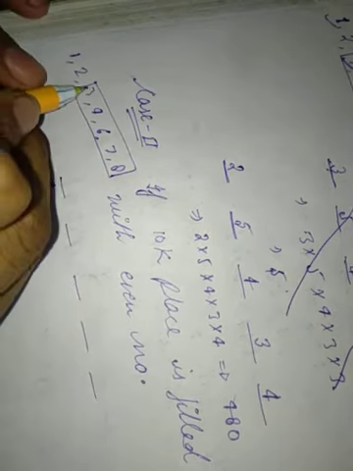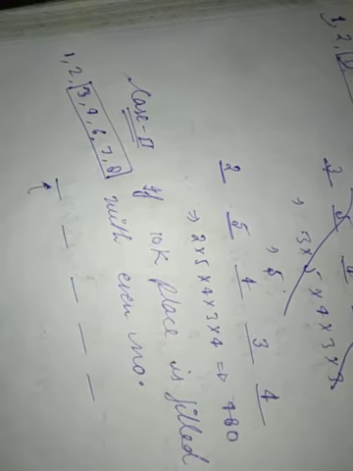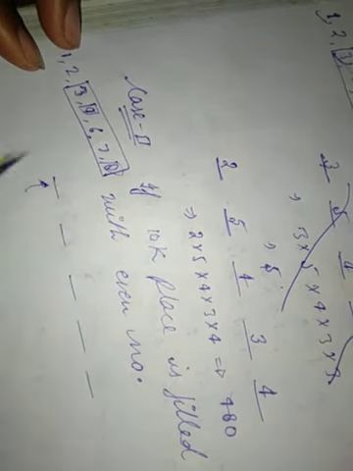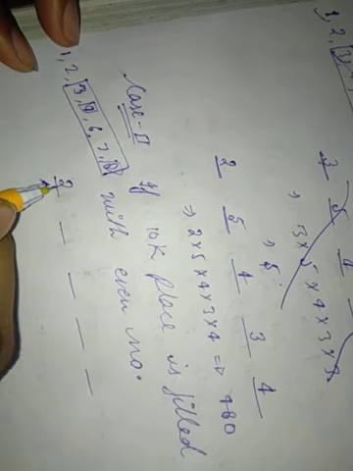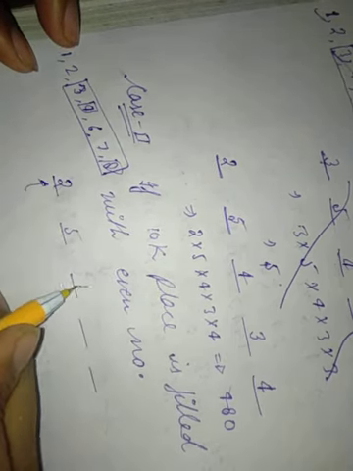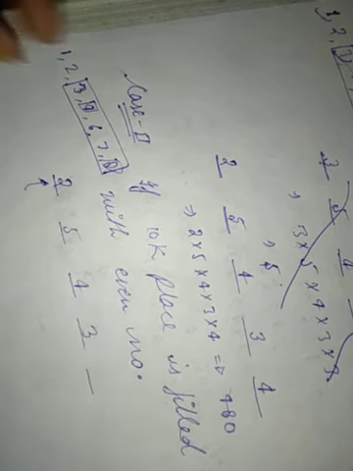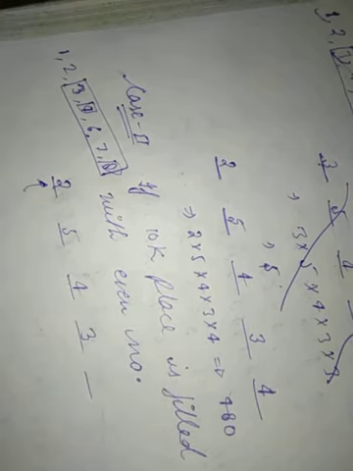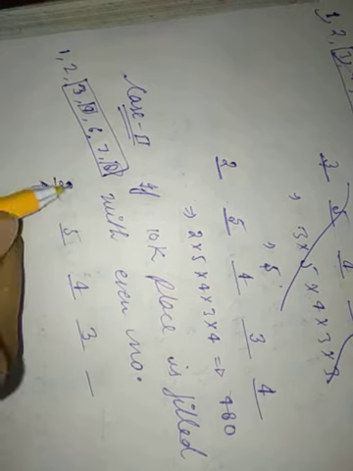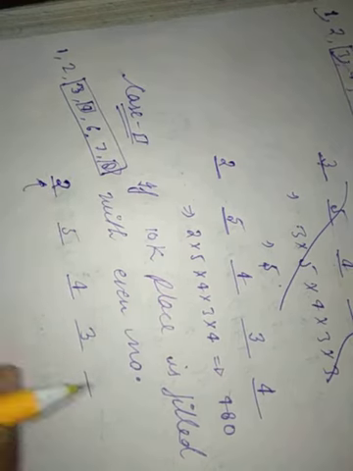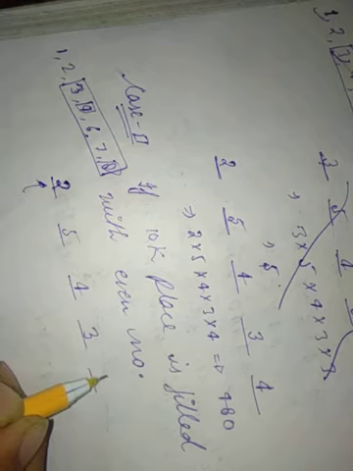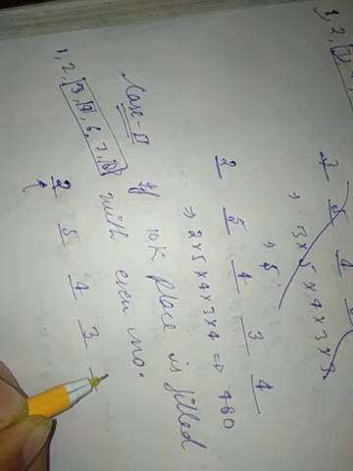So greater than 30,000 means from 3, 4, 6, 7 and 8, and the even ones are 4, 6 and 8. So 3 choices, then 5, 4, 3. One even number is used in the first place, so we fill the last place with the remaining even numbers.